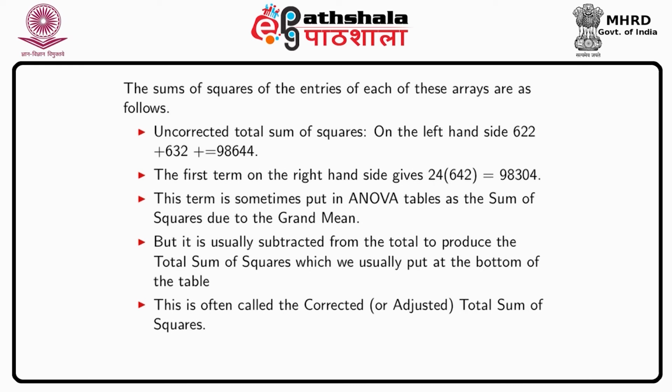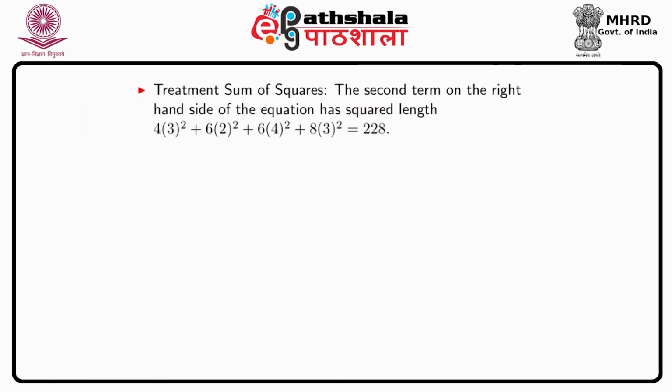Now in this case, the corrected sum of squares is the squared length of the table given in the next slide, which is 340. Now talking of the treatment sum of squares, the second term on the right hand side of the equation has squared length given by 4 times minus 3 square plus 6 times 2 square and so on, which adds up to 228.